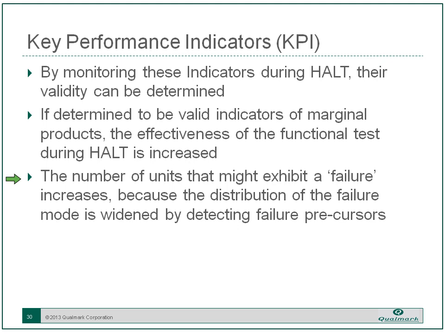It gives you a broader range of units to look at and catch failures before they can get into the field. If you have a change that doesn't quite force a product to fail in HASS, but does cause some of these key performance indicators to peak, now you've got a new way to see it.